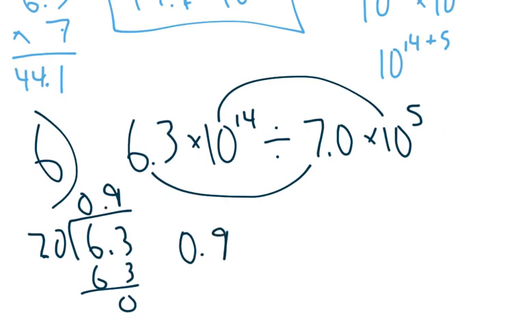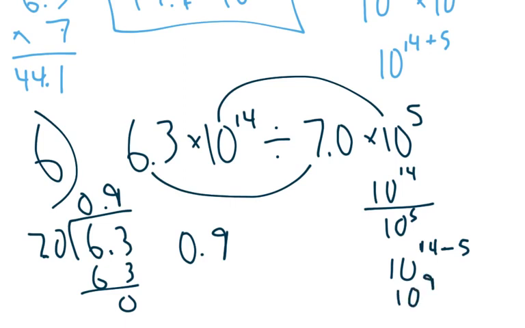All right, very good. And then over here, we'll go with 10 to the 14th divided by 10 to the 5th. And when you write it like this, it might be more obvious that you have to do rules of exponents, to where you subtract 5 from 14 to get 10 to the 9th. And so 0.9 times 10 to the 9th, and we're almost done.